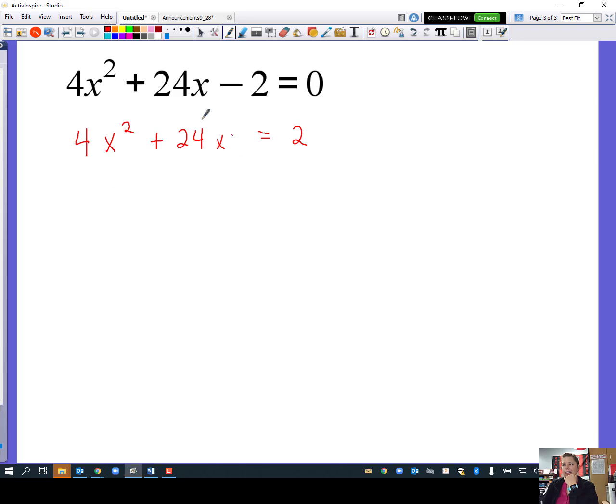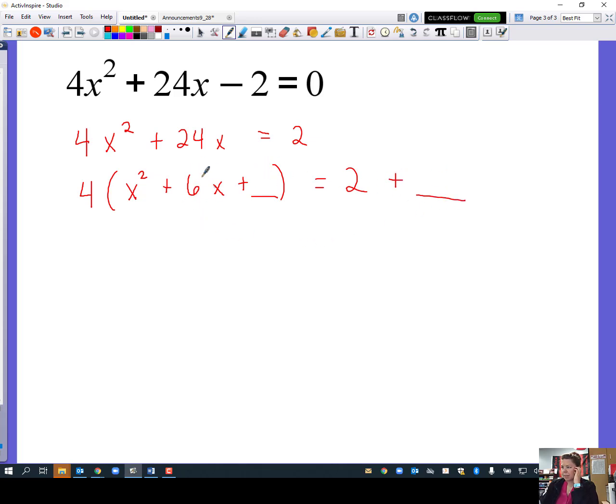I need to factor out my 4 from everything on this side. So I take out the 4, it's like I'm dividing by 4, so this becomes x squared plus 6x, and then we will add something to that as our third term. Whatever we add over here, we need to add over here.